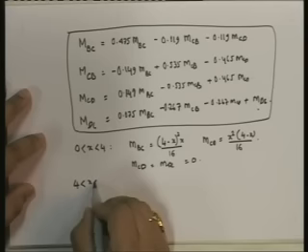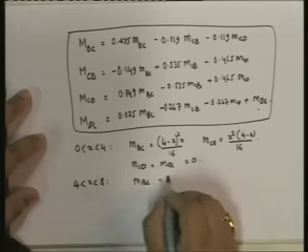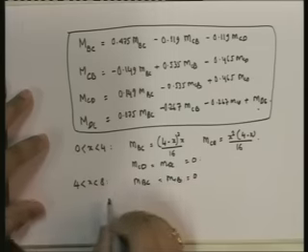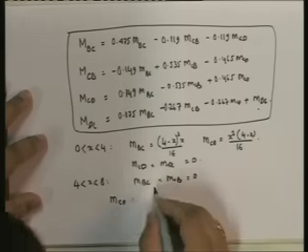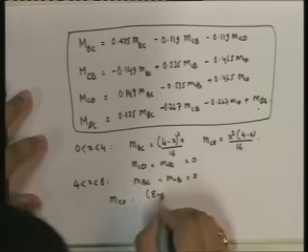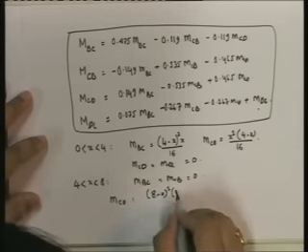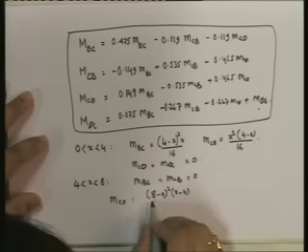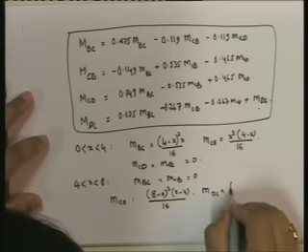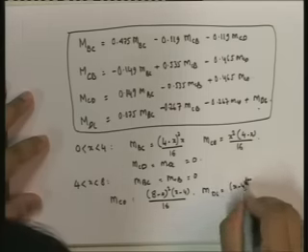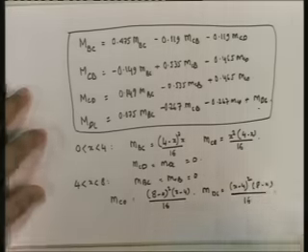When you have x between 4 and 8, MBC and MCB are equal to 0, and MCD is equal to (8 minus x) the whole squared into (x minus 4) upon 16, and MDC is equal to (x minus 4) squared into (8 minus x) upon 16.